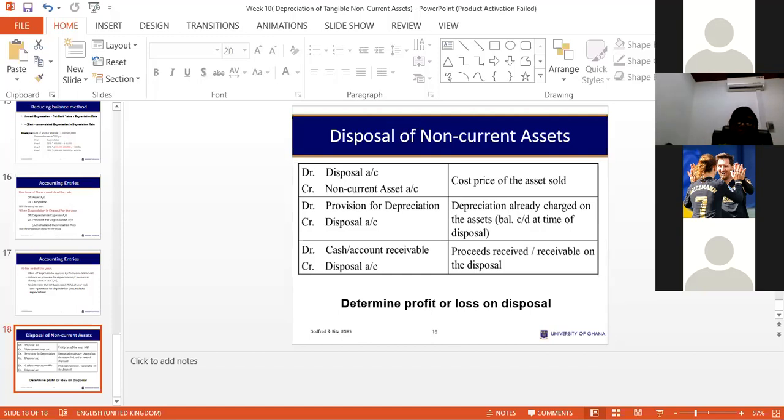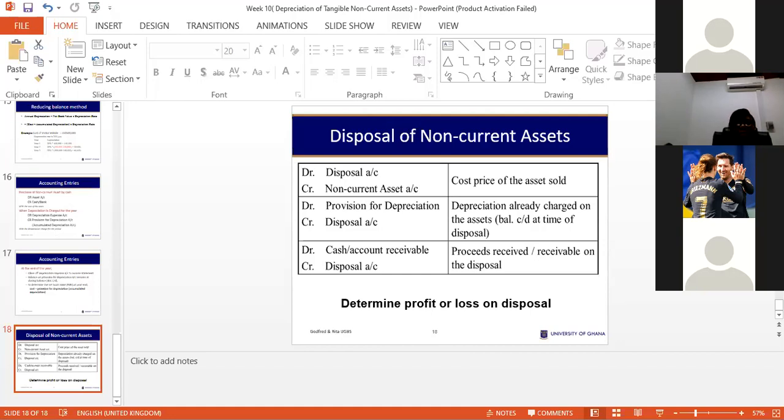Because you have also been systematically allocating some amount to it, you go back and you debit your provision for depreciation. Remember, provision for depreciation, when it was taken out, you credited it. So if you want to also take that out, you debit it. You have the depreciation already charged.